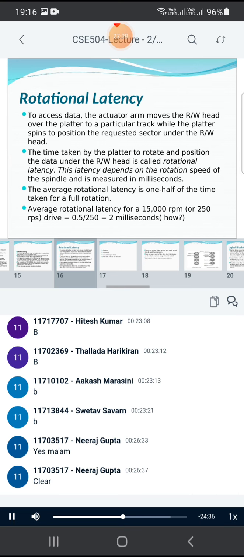I'm repeating it again, although I've told it many times, that whenever any operation is to be performed, the disk is rotating and at the same time the read-write head is moving inwards to outwards or outwards to inwards for locating a particular track. The head's job is only to locate the track. Once the track is located, does it mean that we have got our location?